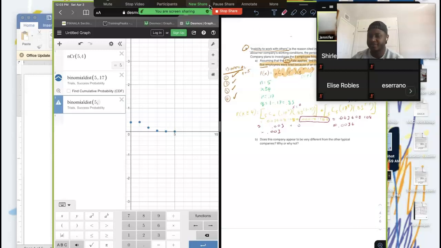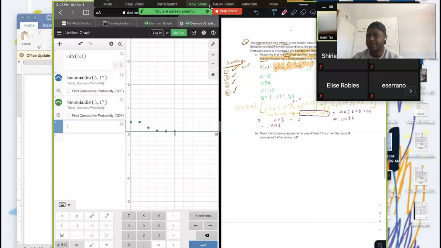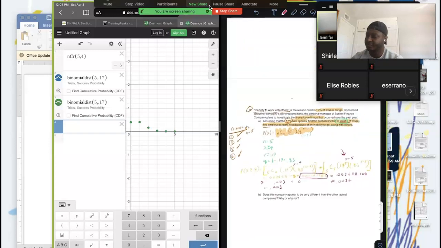Did you add a space? Yeah. So it shouldn't be a space. And just hit enter. Okay.